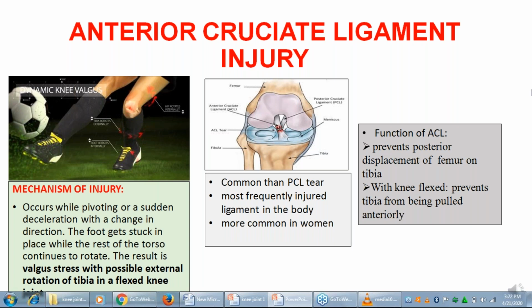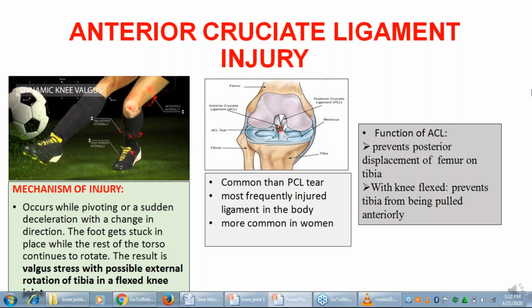So if the anterior cruciate ligament is intact, what is its function? With the knee flexed, the anterior cruciate ligament prevents the anterior displacement of the tibia on the femur.